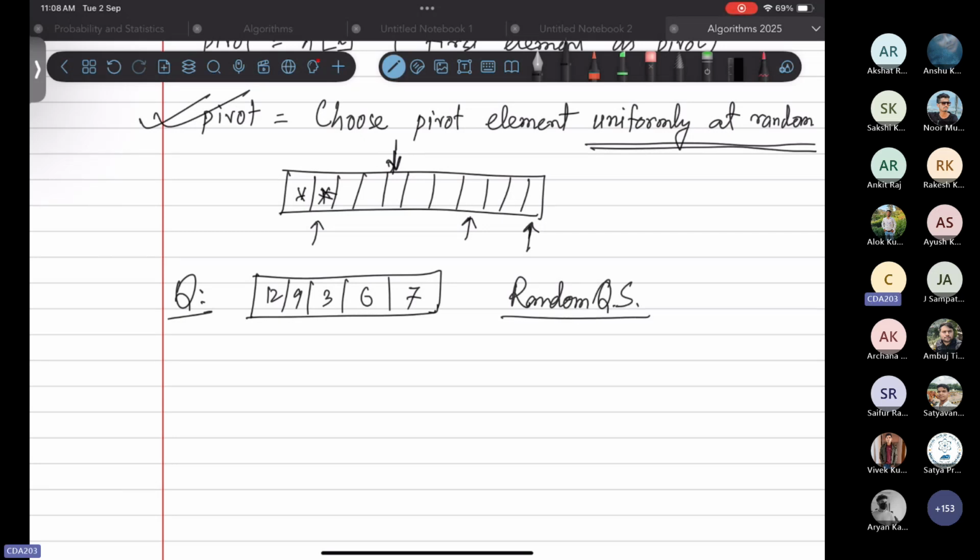I have this randomized quicksort algorithm with me, and I have written code for it. I apply it on this input.